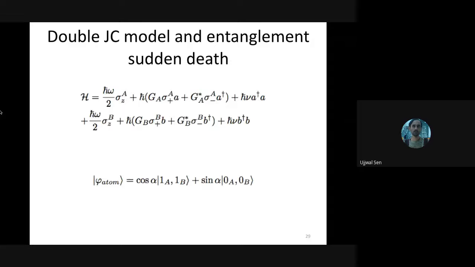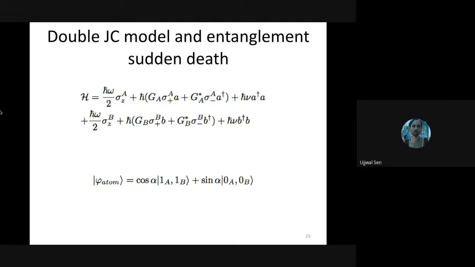But we also have another atom that we denote by capital B, which is kept in the cavity in which the creation and annihilation operators are denoted by small b and small b dagger. There is no interaction between the atoms and no interaction between the 2 cavities. So this is a Jaynes-Cummings model in which we have 2 separate cavities in which 2 separated atoms are kept. These atoms are considered to be 2-level.